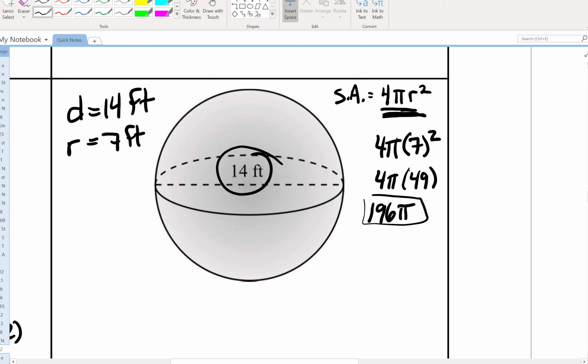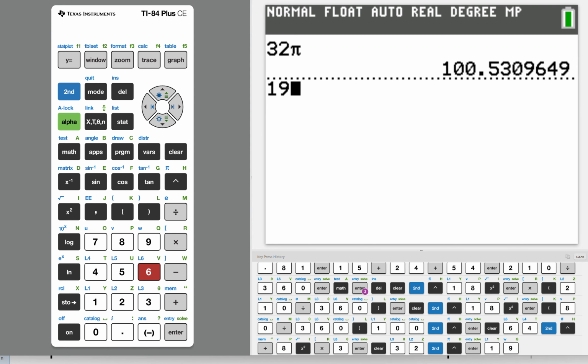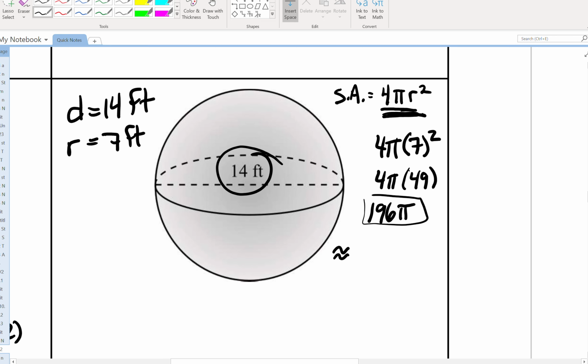But the approximate answer I would get by plugging 196 times pi into my calculator, and that gives us 615.75 square feet. Remember that areas are always in square feet. And so that is my answer.